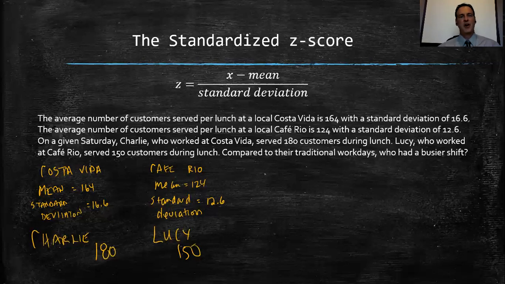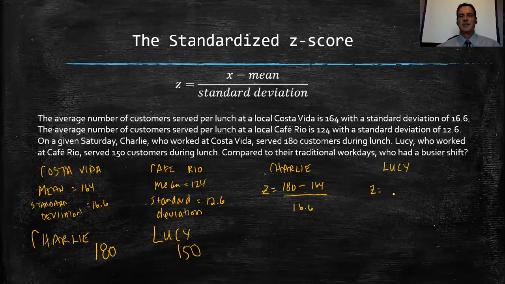So here's what I'm going to do. I'm going to make some information about Charlie and present it in the form of a z-score, and I'll also do one for Lucy. Charlie's x value for the one day in question is 180, and I'm going to subtract the mean, 164, all over 16.6.